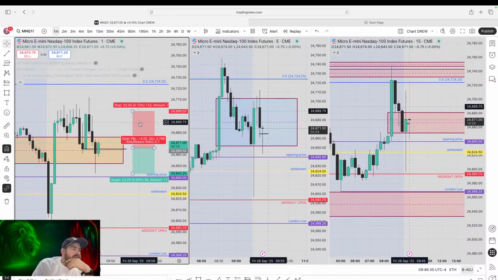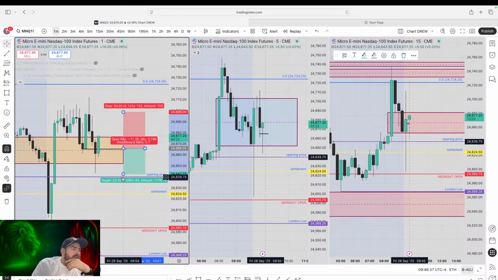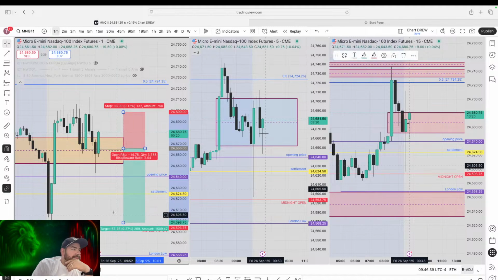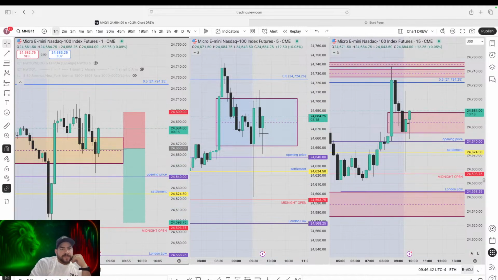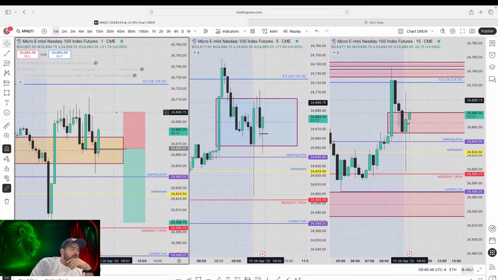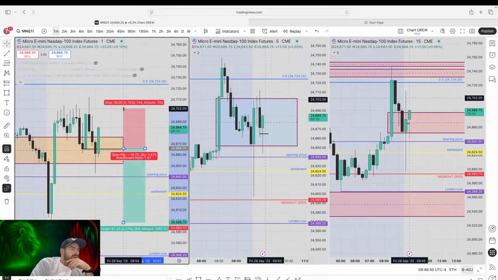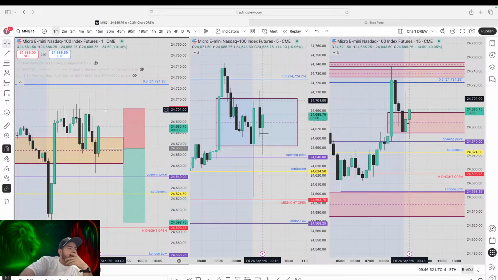Stop loss there. Let's see if we can get it. 702.2 right there. Okay. See if we can get it right here. Not looking like it, not looking like it.